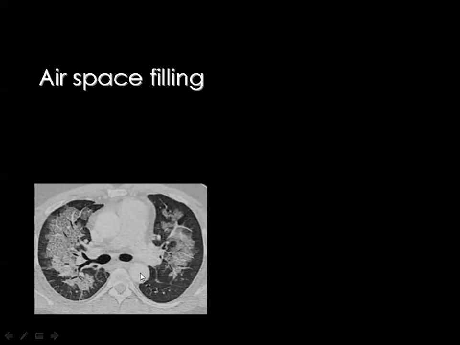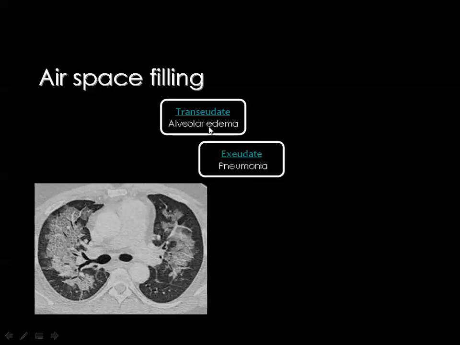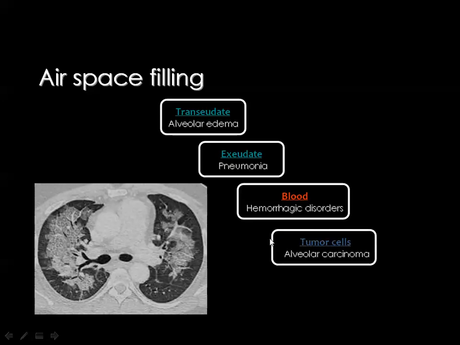And by consolidation, we mean replacement of the air in the alveoli by, number one, fluids, and you get the disease alveolar edema. Exudates, you get pneumonia. By blood, you get hemorrhagic pulmonary disorders. By tumor cells, you get alveolar cell carcinoma.